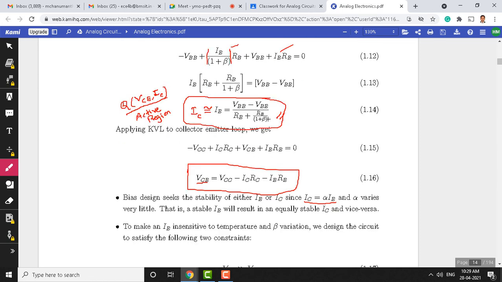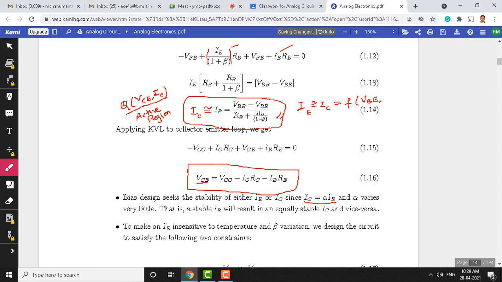Let me write it simply for simplicity: IC, IE, which is approximately equal to IC. Now this is a function of, I am just putting variables here, VBE, which is in the numerator, and in the denominator you can also see there is a beta.